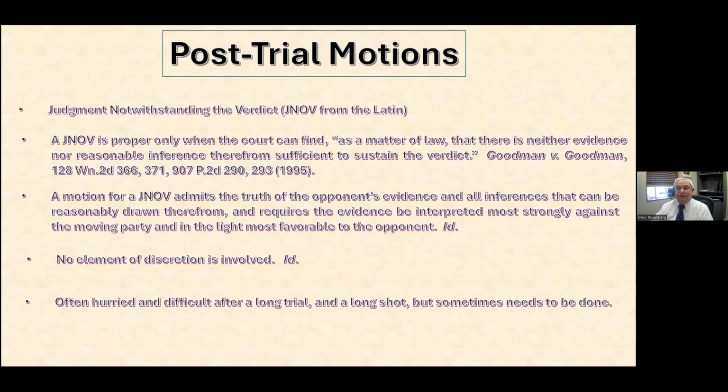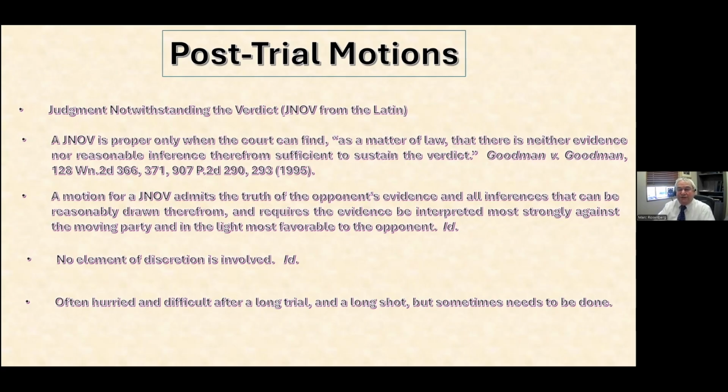And then we have something called a judgment notwithstanding the verdict. And again, this is a post-trial motion, JNOV. It's proper only when the court can find, as a matter of law, that there's neither evidence nor reasonable inferences sufficient to sustain the verdict.